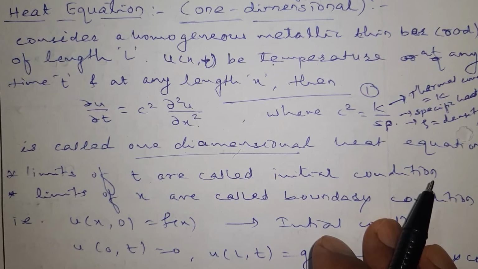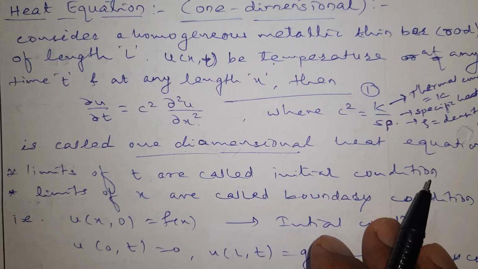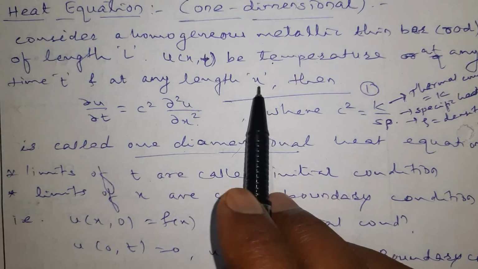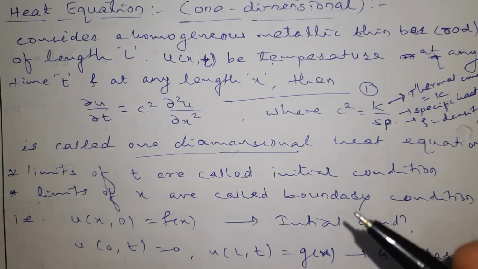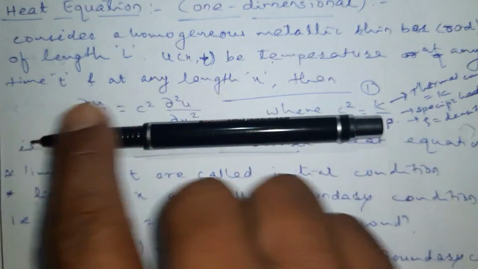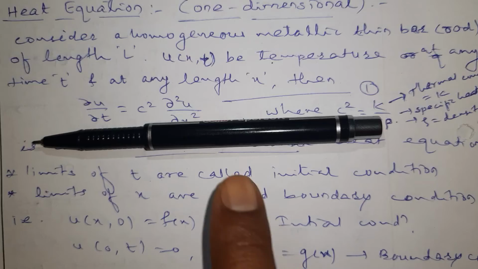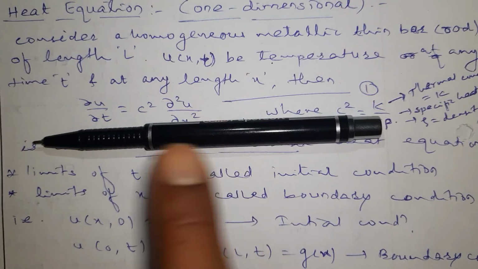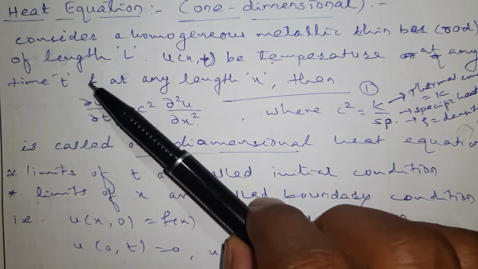Now, whenever I take a limit for x, listen carefully, this is very important. Whenever I take a limit for x, x means a rod. Just take this example, a rod of length 0 to L. So my x varies from where to where? 0 to L. These conditions for x are called boundary conditions, where t is the time.